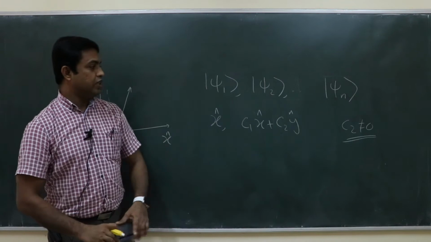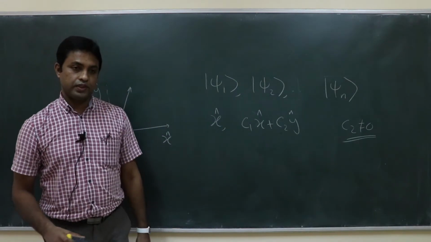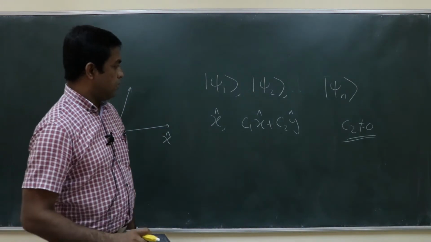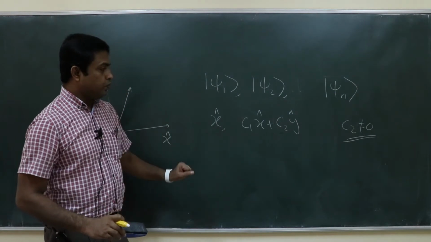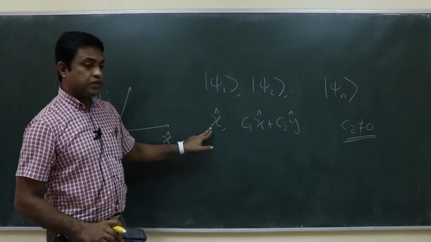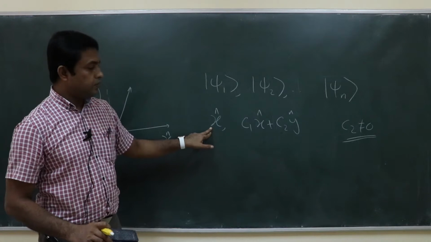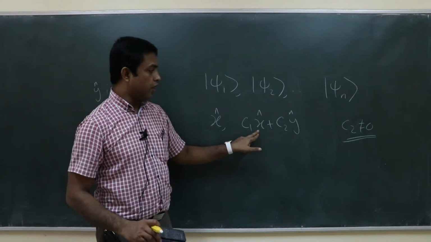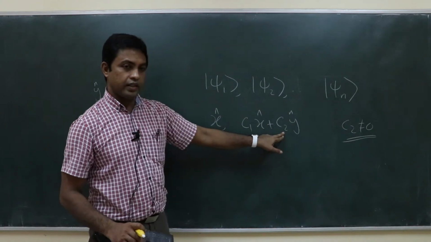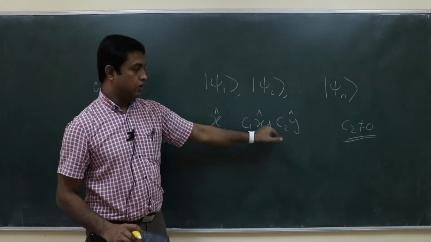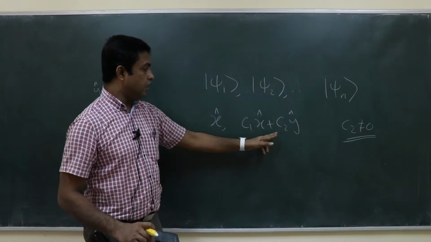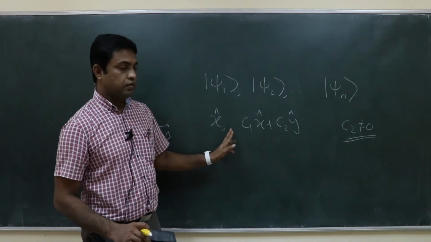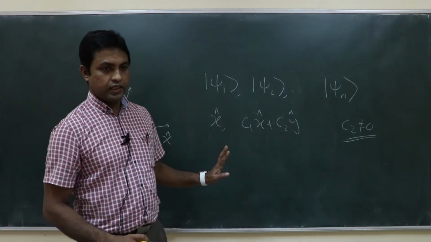Okay, if c2 is 0, they are not basis vectors. Now, is this a normalized vector? This one? Yes. What about this vector? Are they normalized? No. So are these two vectors orthogonal? No. Right?